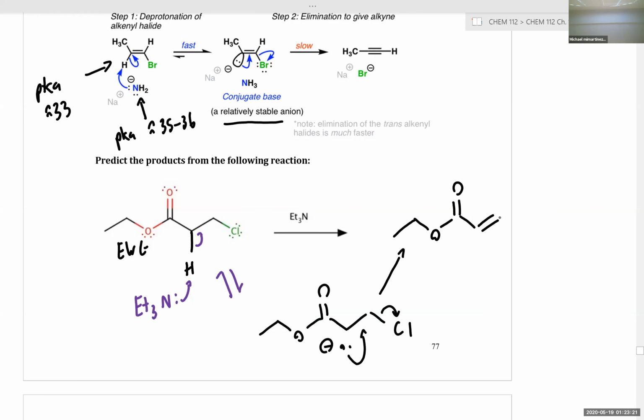So this is a nice way of generating these conjugated esters, which are very reactive for addition reactions. Is everyone comfortable with the idea of the E1CB reaction? Okay. You won't see it a ton, but it is important to keep in mind it's stepwise, so it behaves differently than a normal E2.